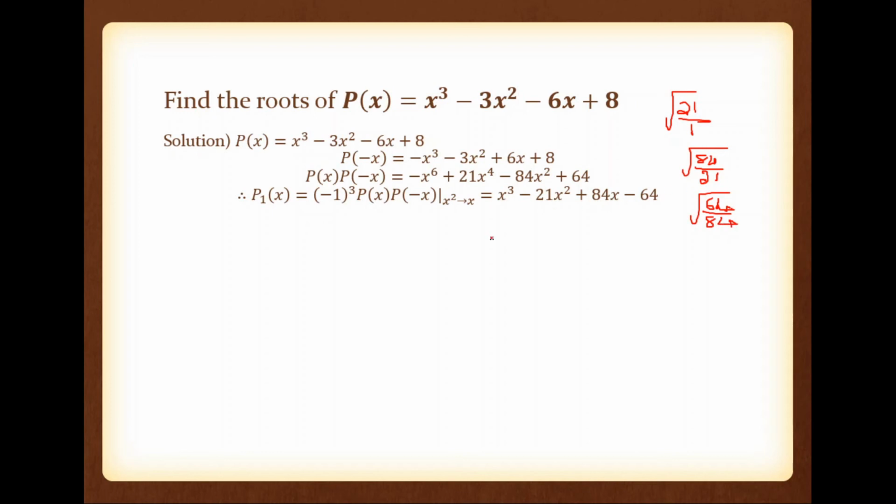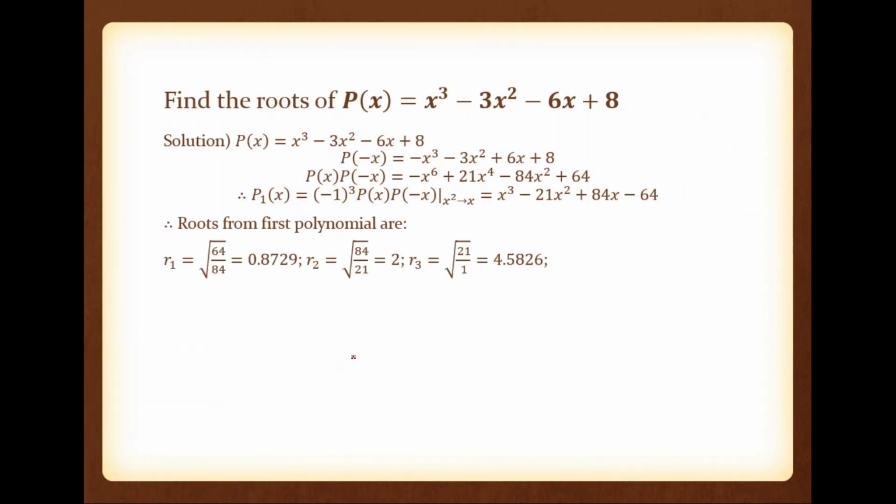These are the square roots. So we can check that. So roots from the first polynomial are, r1 is equal to root of 64 divided by 84, that is equal to 0.8729. Second one r2 is equal to root of 84 divided by 21, that is equal to 2. Then third one is root of 21 divided by 1, so that is 4.5826.